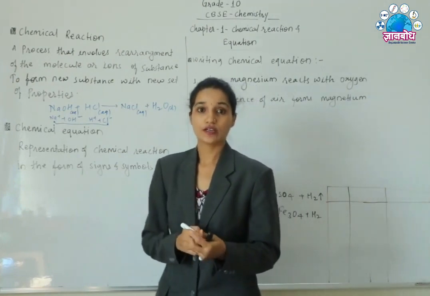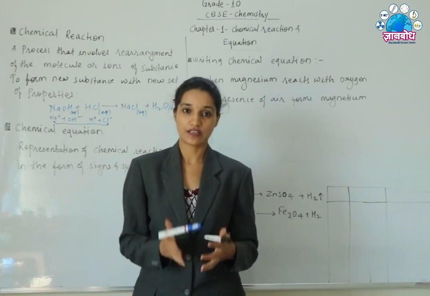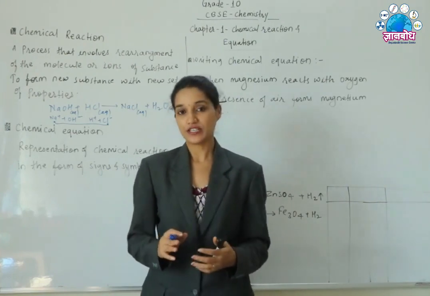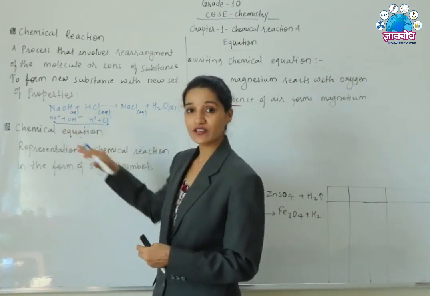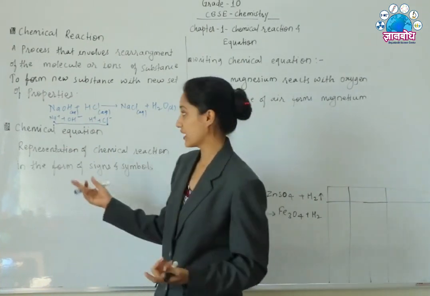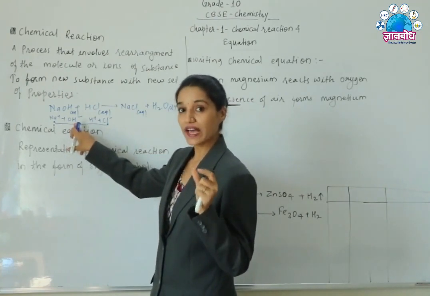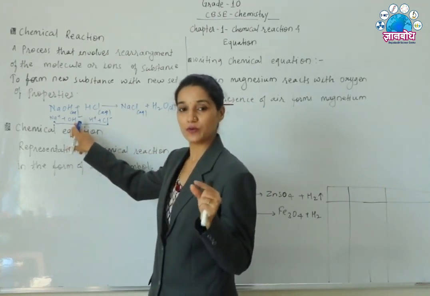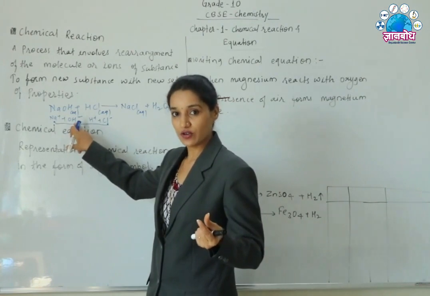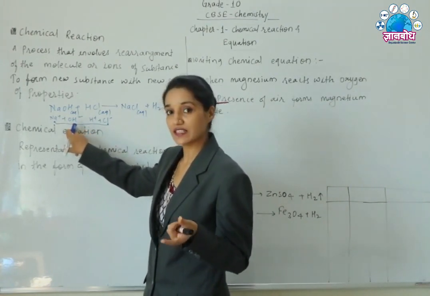You have studied about different bonds and what chemical bonds are, so I am not going into detail for that. But this is called rearrangement of atoms, ions, molecules, radicals, because here OH acts as a group of atoms. It is actually a molecule which has a negative charge on it, and therefore it acts as a radical.